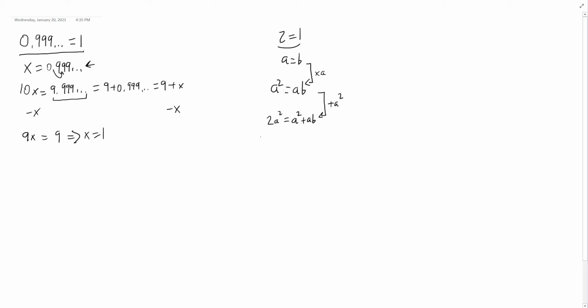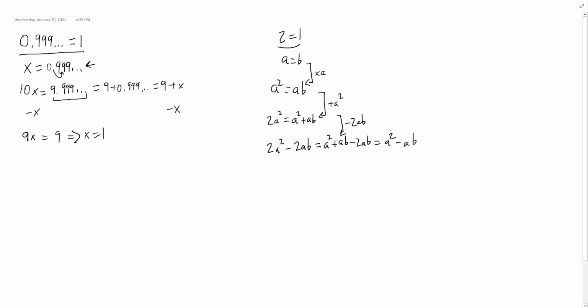Then my next step is I'm going to subtract 2ab from both sides. So we get 2a squared minus 2ab is equal to a squared plus ab minus 2ab. And this right-hand side can be simplified to be a squared minus ab.